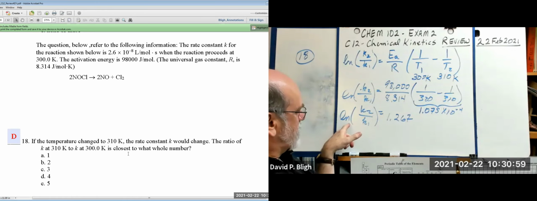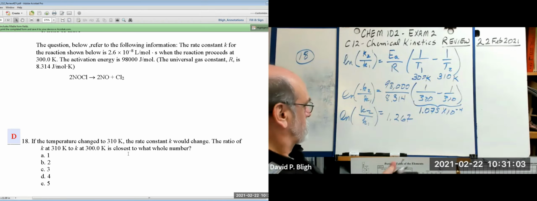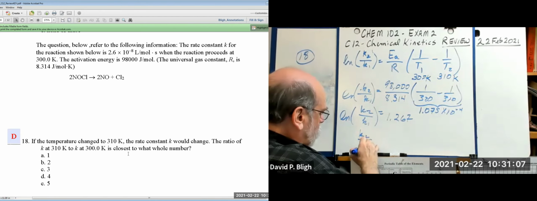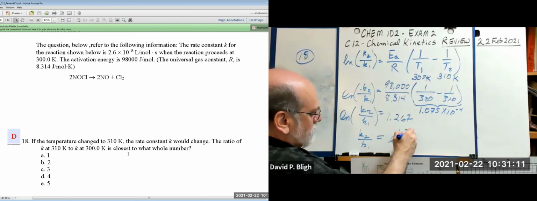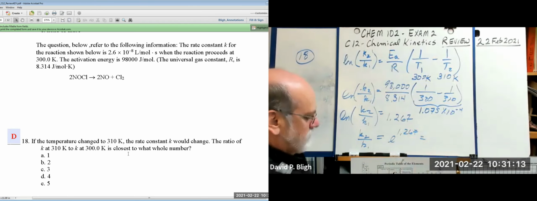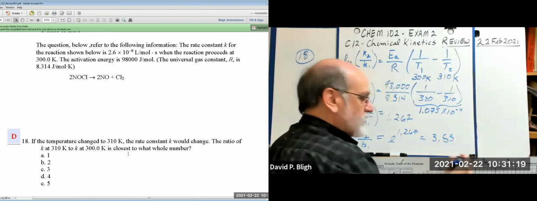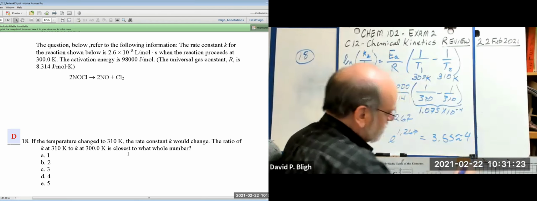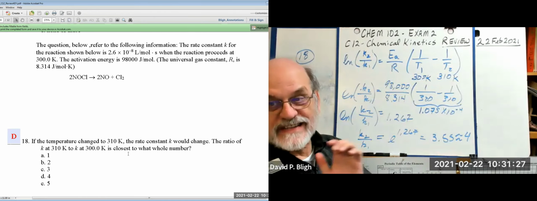We just need to say e to that power is equal to the ratio. Right? So this is our unknown. And I get 3.55. To the nearest whole number, 4. That's why the answer is D.